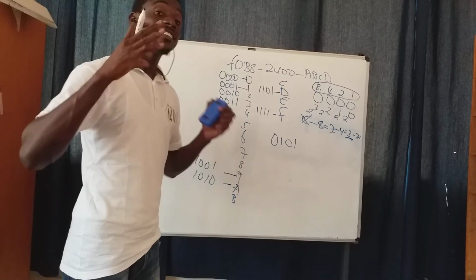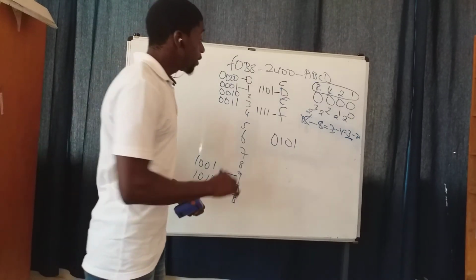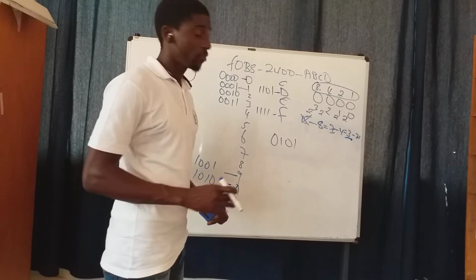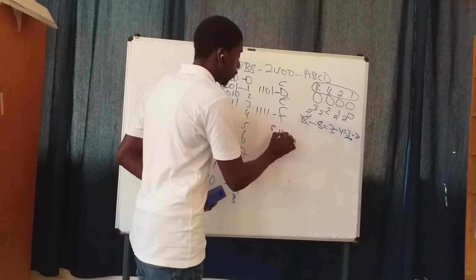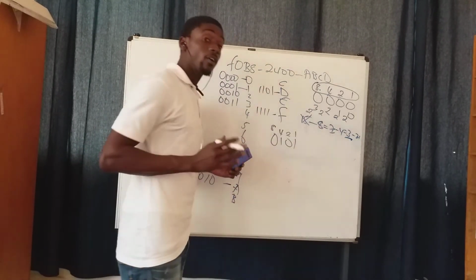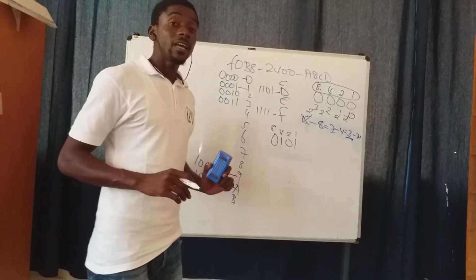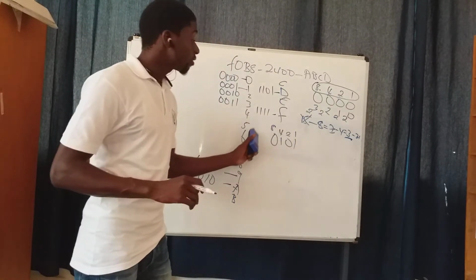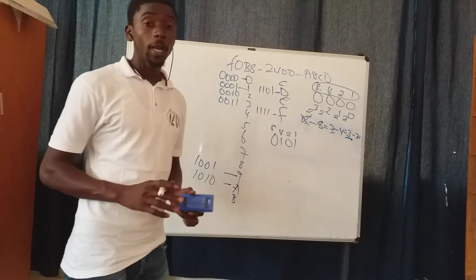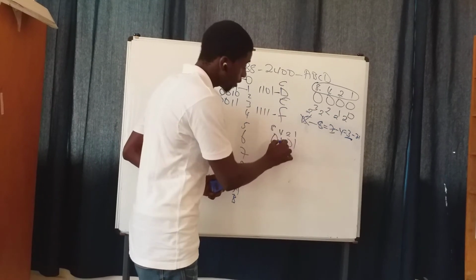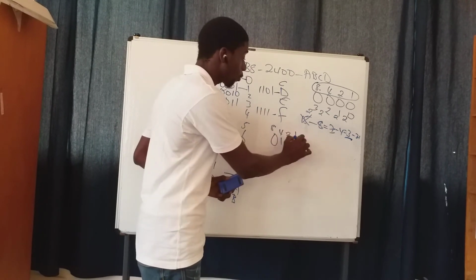How do I do this? It is the simplest and the fastest way. Just make sure that you put the bit values on top of these binary numbers. I have 8, 4, 2, 1. This is 4 of them. Simple. Now, what do I do with this? I am going to add the bit values of the binary numbers that have 1. 0 is for 8, 1 is for 4, 0 is for 2, and 1 is for 1.